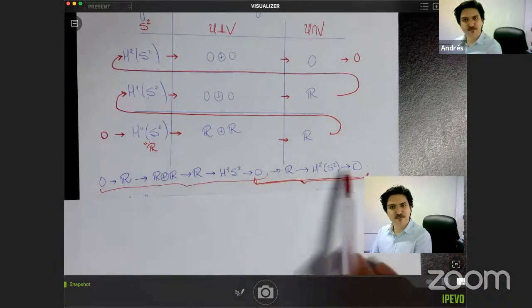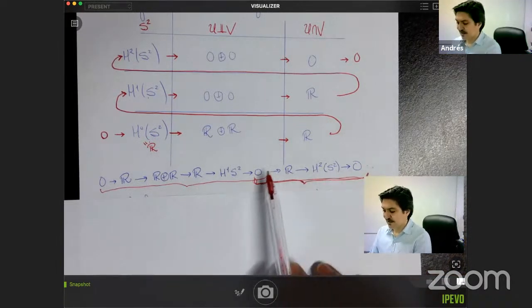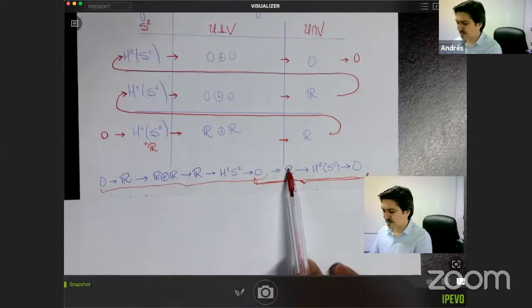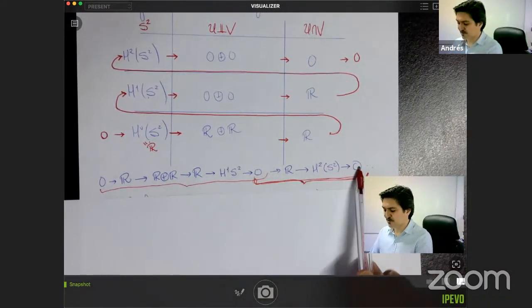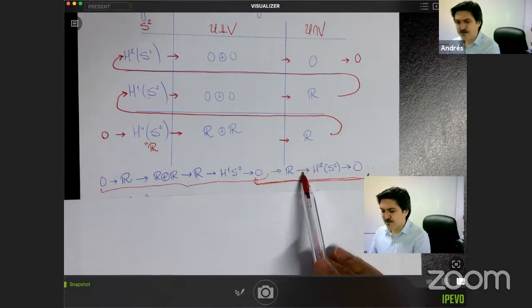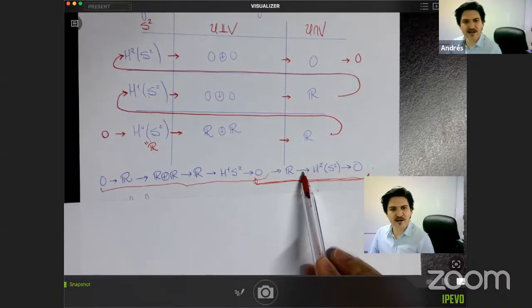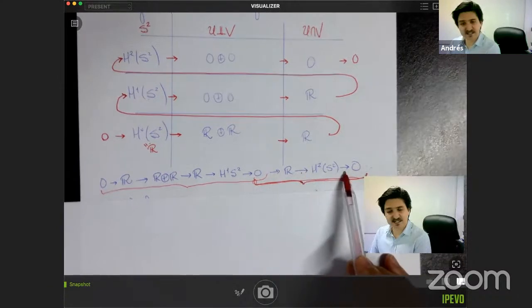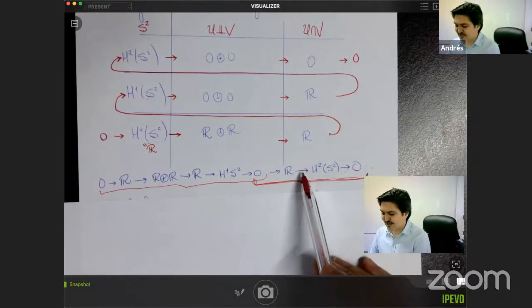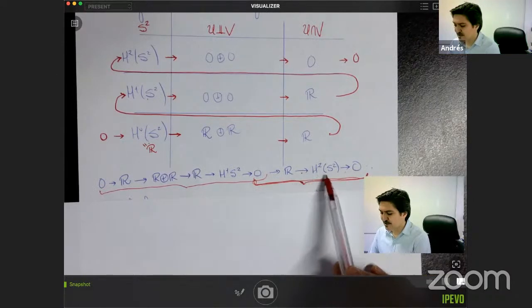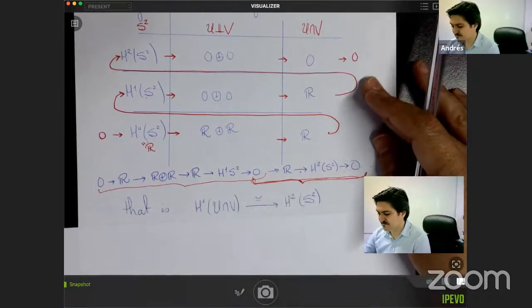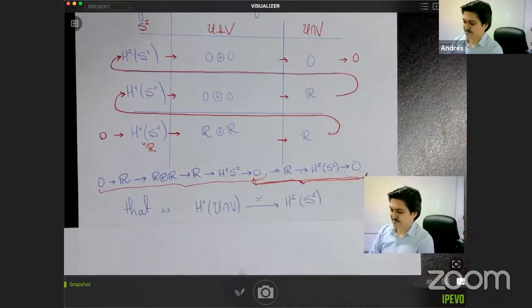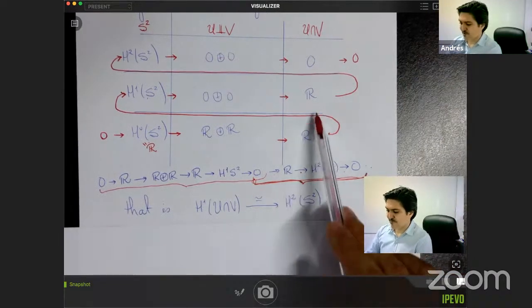This here is very interesting because I have 0, non-zero, non-zero, 0. That means that this is a linear isomorphism. Injective and surjective. I have a bijective linear map, so this map is an isomorphism. This R, remember that it is this.